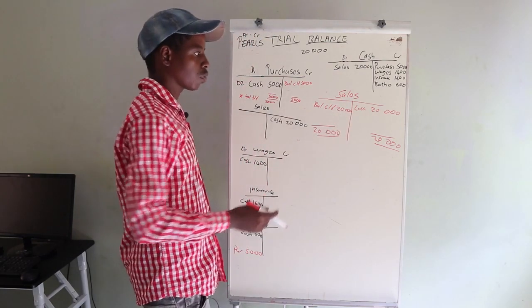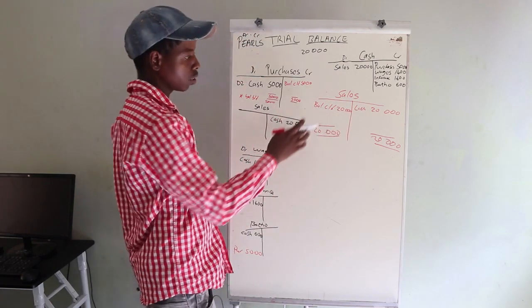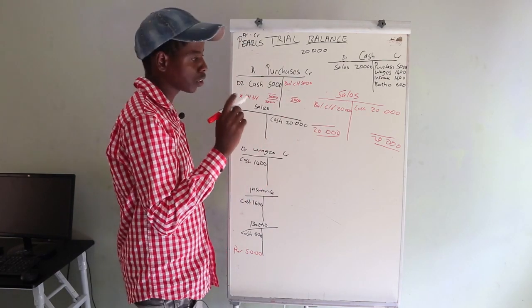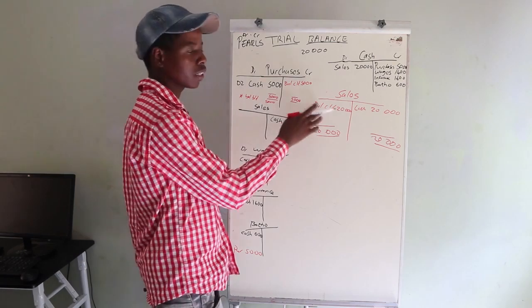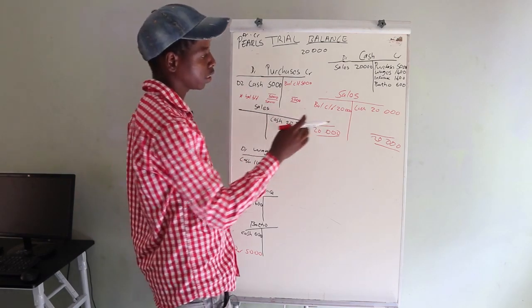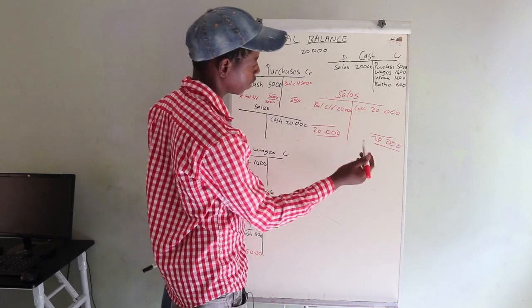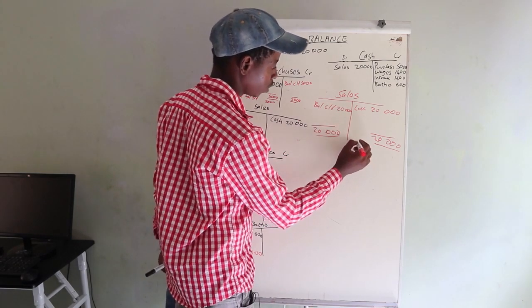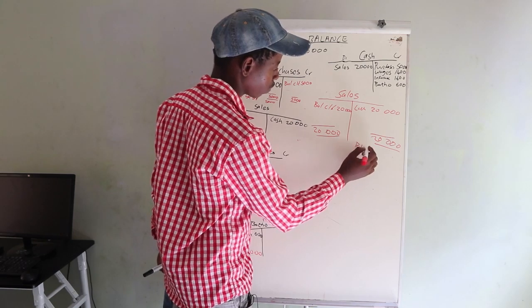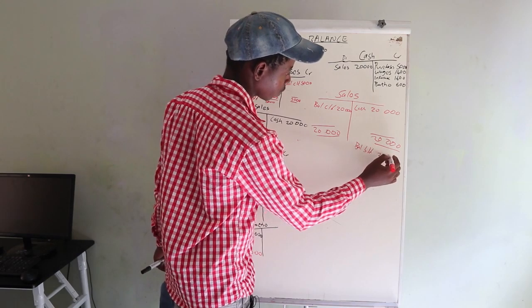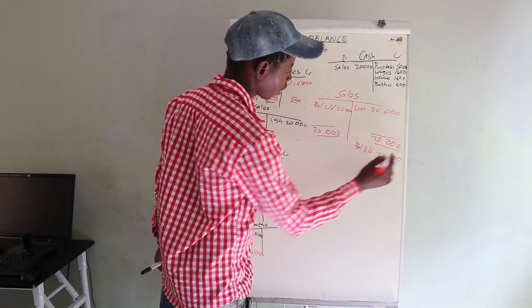20,000, right? Remember, we are not yet finished. We wrote balance carried down. Now we need balance brought down. Remember, they are not supposed to be on one side. So we take this balance carried down. When it comes here on the new month, we will be calling it balance brought down and write 20,000.